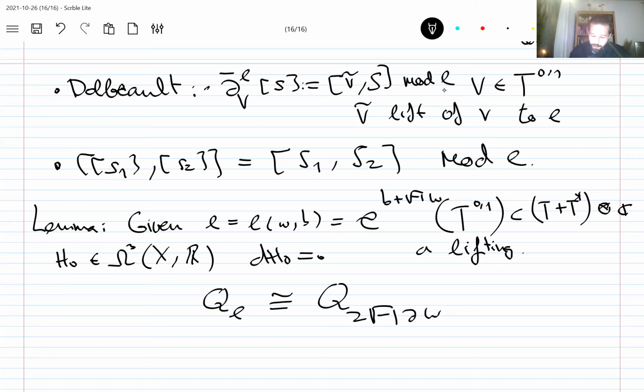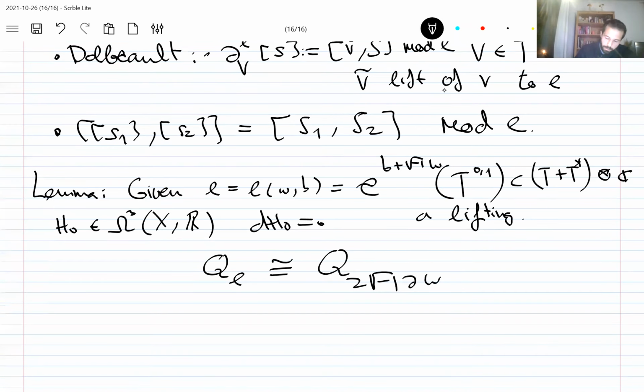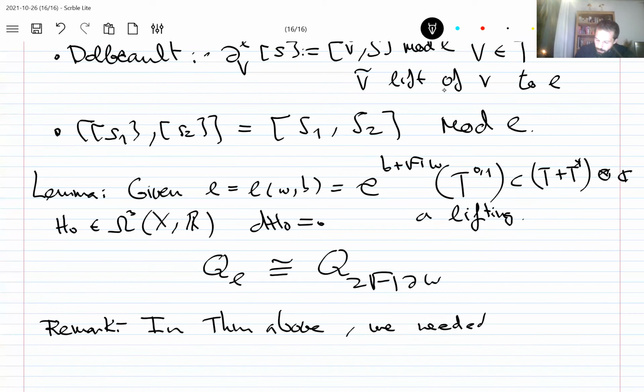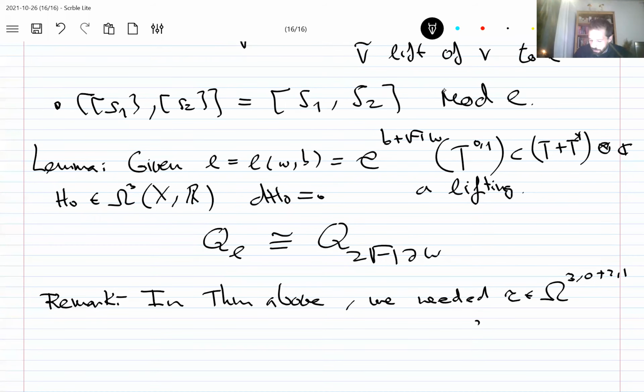So here I should make a comment. Recall that before, in Marcos' talk, in the part above about the classification, we needed tau, a 3,0 plus 2,1 form, which was d-closed.